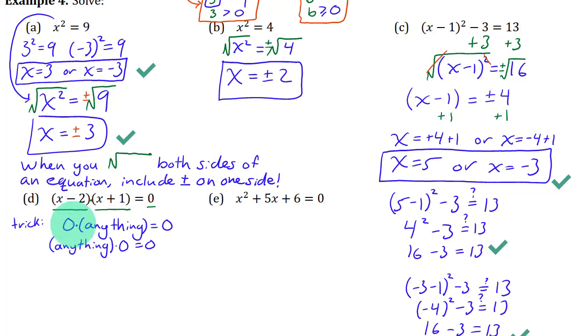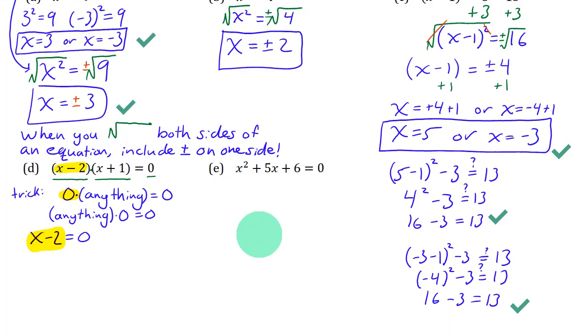So I just wrote that out here. 0 times anything is 0, and anything times 0 is 0. It doesn't matter which way you do it. So that means if you can find a value of x that makes x minus 2 equal to 0, then that would be a solution.